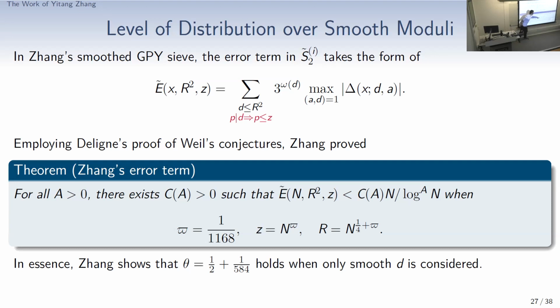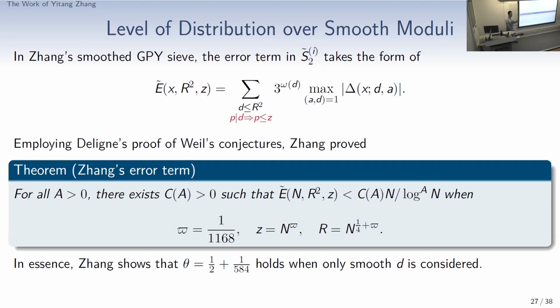Because squaring this gives an exponent that is slightly greater than 1/2, and because Zhang's sieve well approximates the original GPY sieve, the theta value in this Zhang's smooth case can be extended to something beyond the 1/2 barrier.